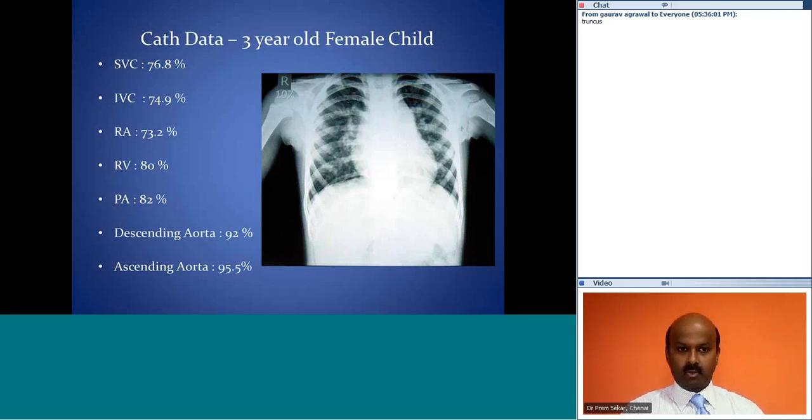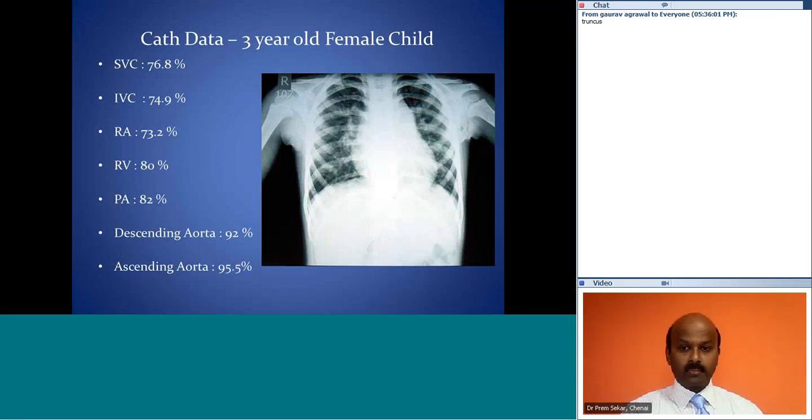Okay, the thing to note here is the step up in oxygen, which is seen in the right ventricle and the pulmonary artery. A step up of at least 6 to 7% between the RA and the RV, and also there is a differential cyanosis between the ascending and the descending aorta.